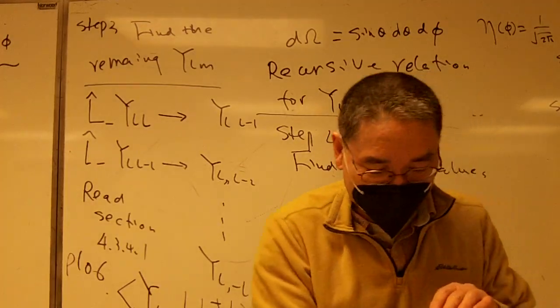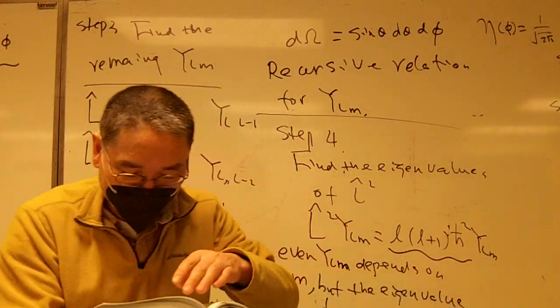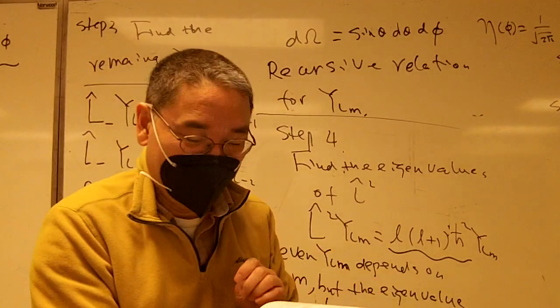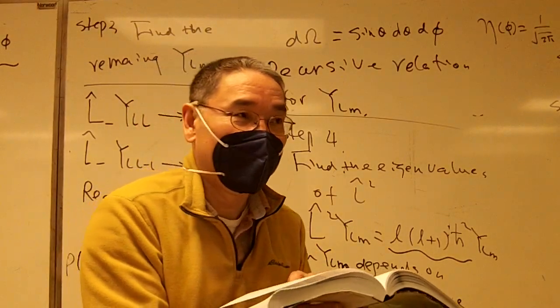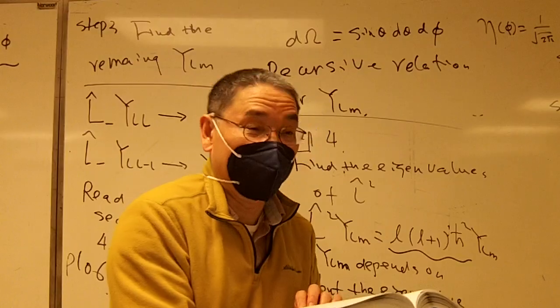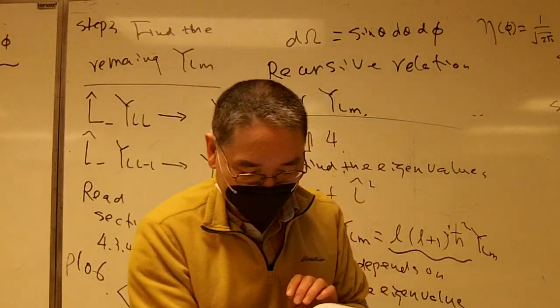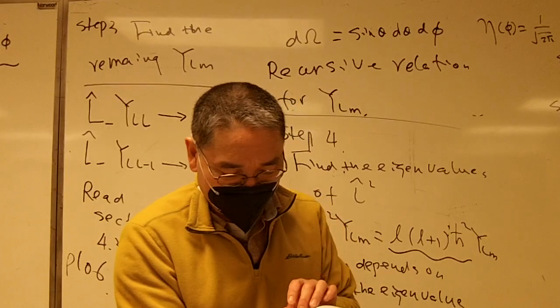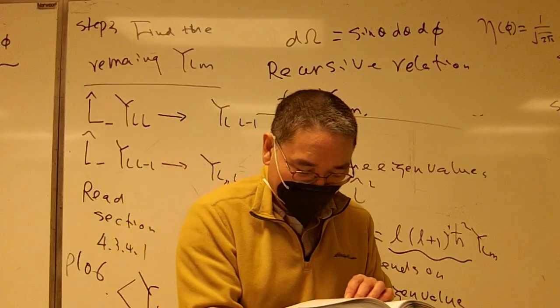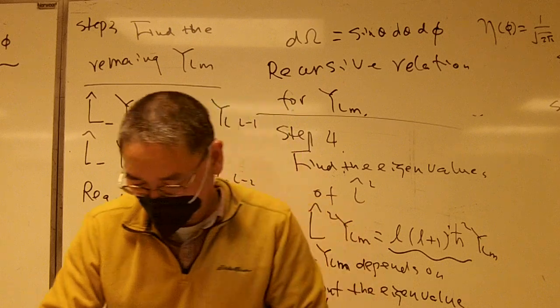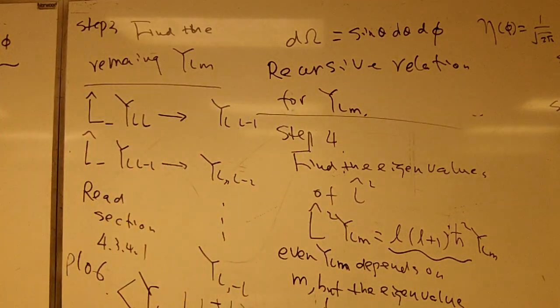And I want Alex to read the second paragraph, please. We rewrite L hat squared in terms of L sub plus hat, L sub minus hat, and L sub z hat.